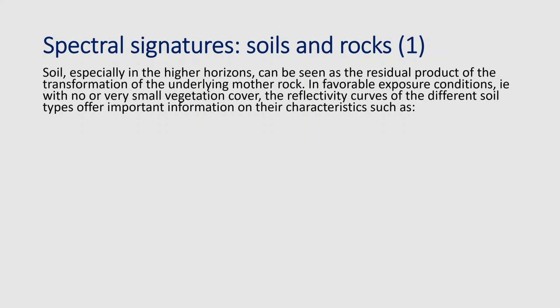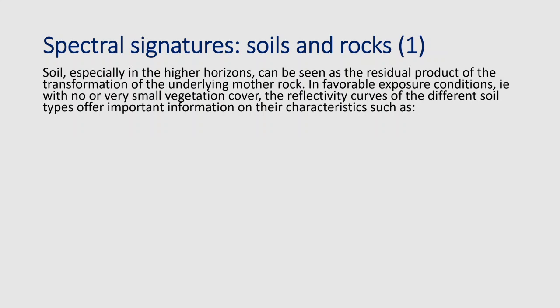So that means that we are not really characterizing the soil, but we are characterizing a surface that is not covered by vegetation or water, for example. So it's a very bare soil without any vegetation.